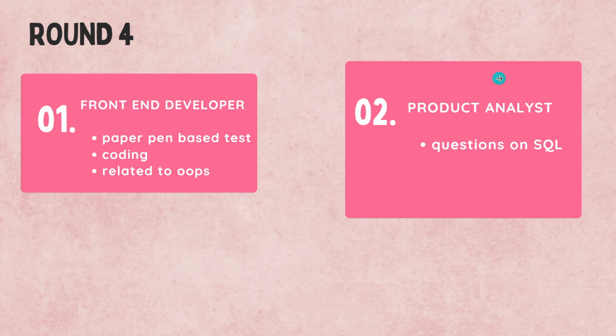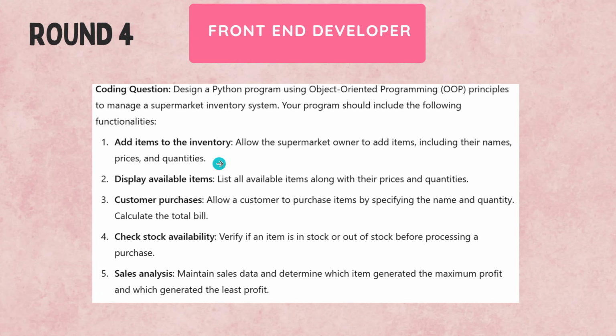Now let us see the coding question faced by the front end developer. Design a program that is not a Python program. You can use any coding language. Using object oriented principles, manage a supermarket inventory system. Your program should include the following functionalities. First functionality: add items to the inventory. That means the supermarket owner should add the items including their names, prices and quantities.